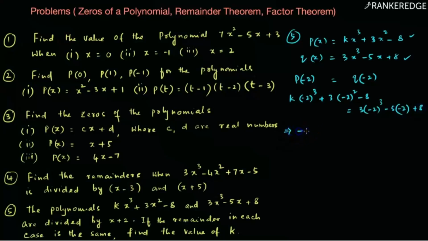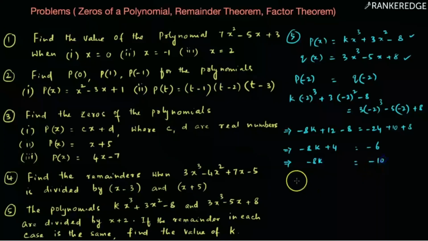So that implies minus 8k plus 12 minus 8 is equal to minus 24 plus 10 plus 8. So that implies minus 8k plus 4 is equal to minus 24 plus 18 minus 6. That is minus 8k is equal to minus 10. That implies k is equal to minus 10 by minus 8, that is equal to 5 by 4. That is the value of k.